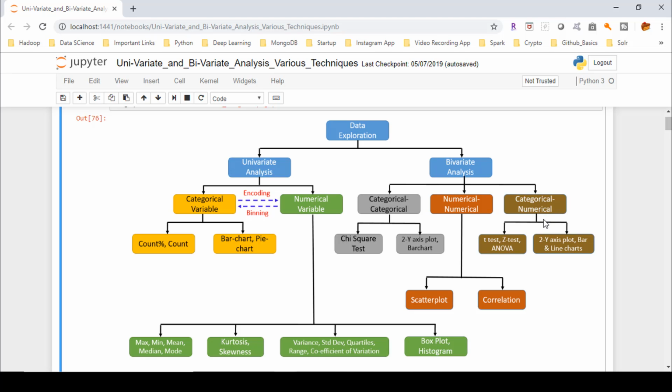In that case we perform t-test, z-test, ANOVA, which are statistical methods, and the visualization techniques are two y-axis plot, bar chart and line charts. I will be covering all these in this video as well as upcoming videos.